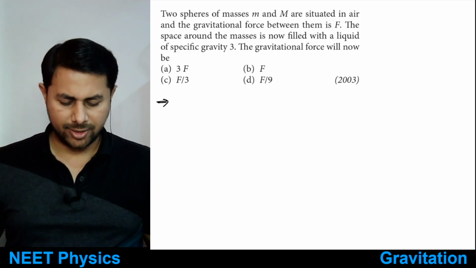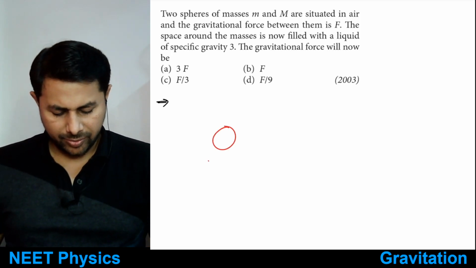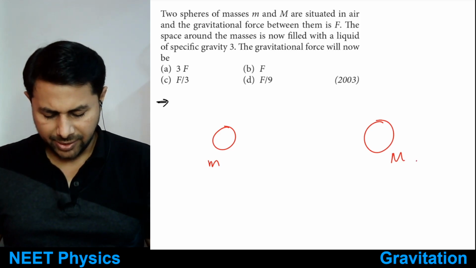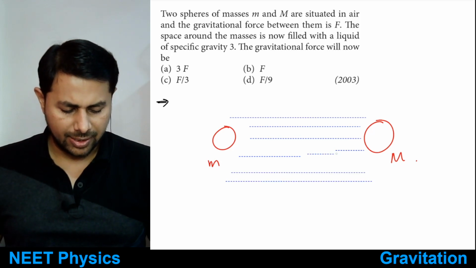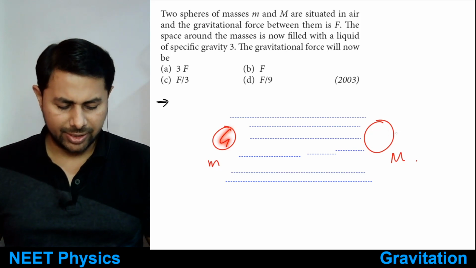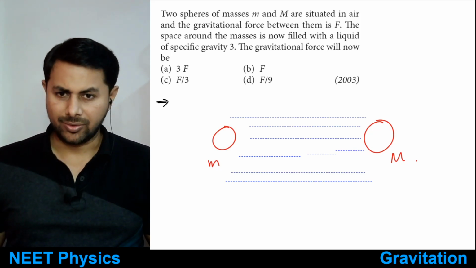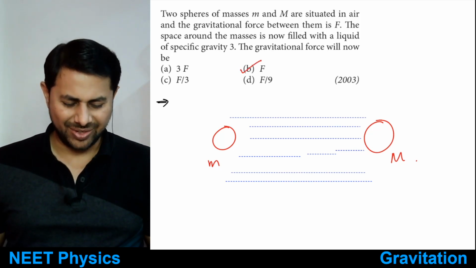Now suppose this is the first sphere of mass small m, the second sphere of mass capital M, and you change the medium between them. Earlier there was air and now there is this fluid having some density. Will the gravitational force between them change? No change in F. That's the answer. Very good.